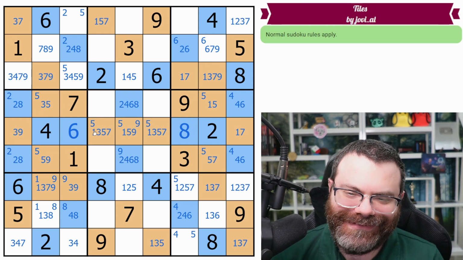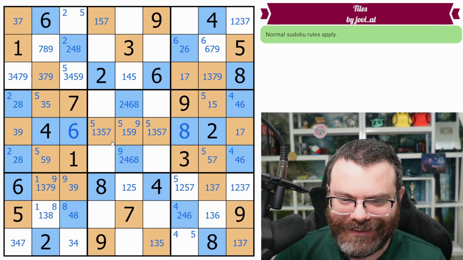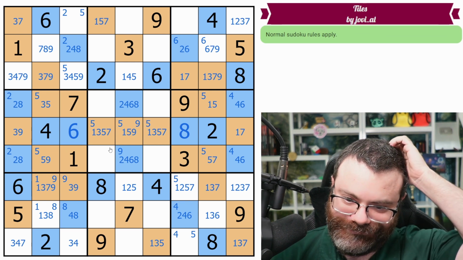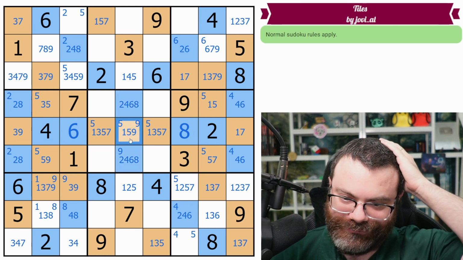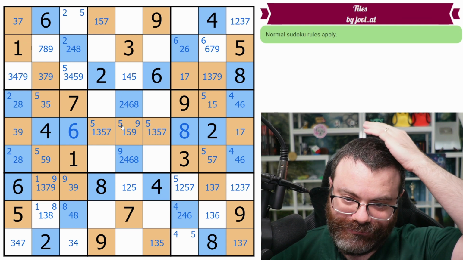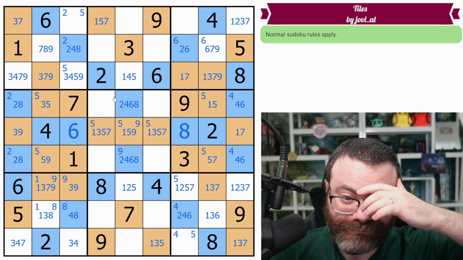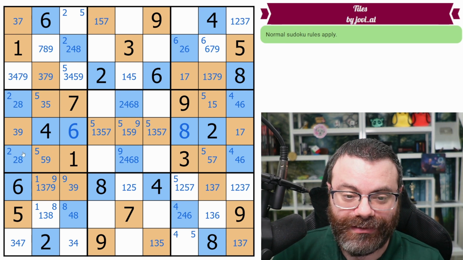This does not help. Oh man. If you color it wrong, it helps.